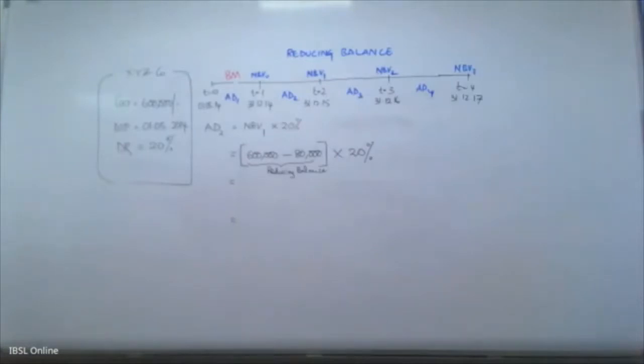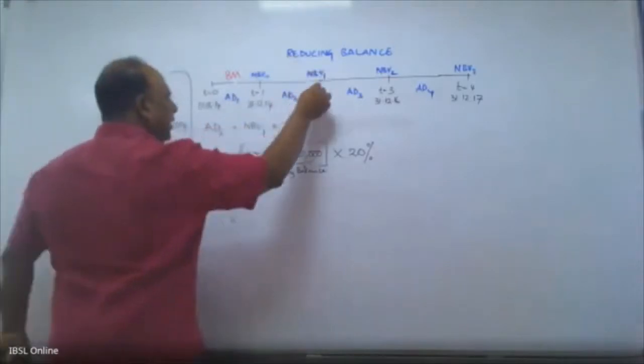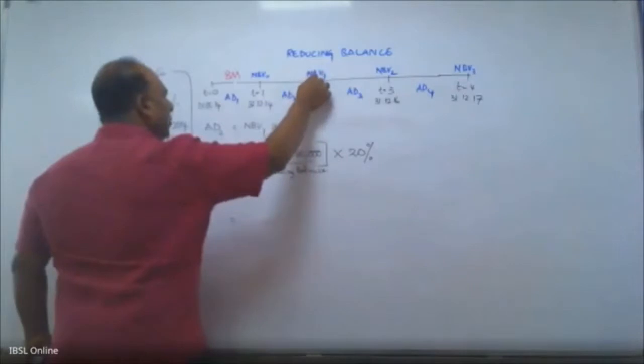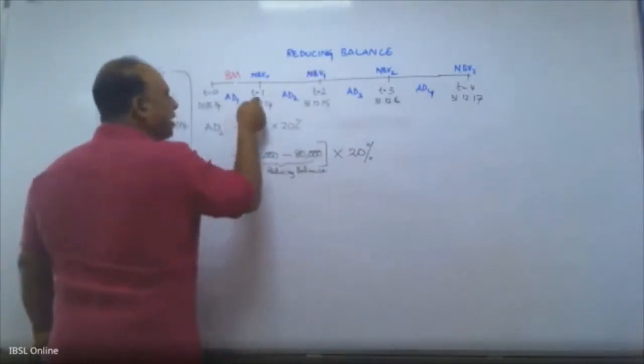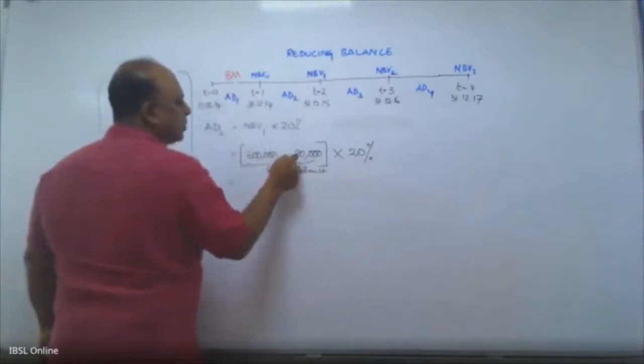Is that understood? When you reach this point, t equals 2, you have to look at the net book value. What is the net book value? Cost minus accumulated depreciation up to last year. So which means my first financial year, which is only 80,000. Okay.